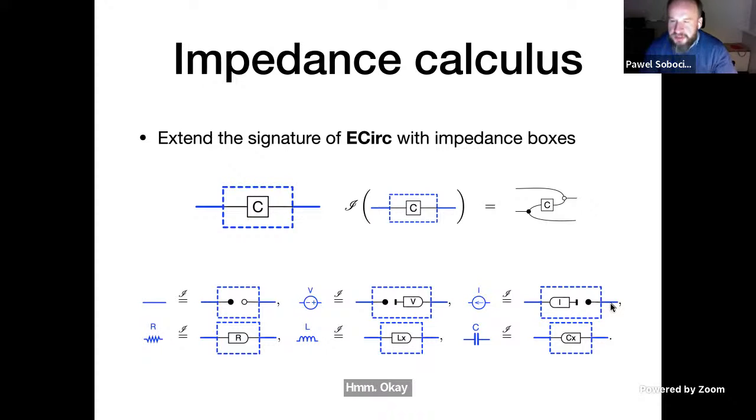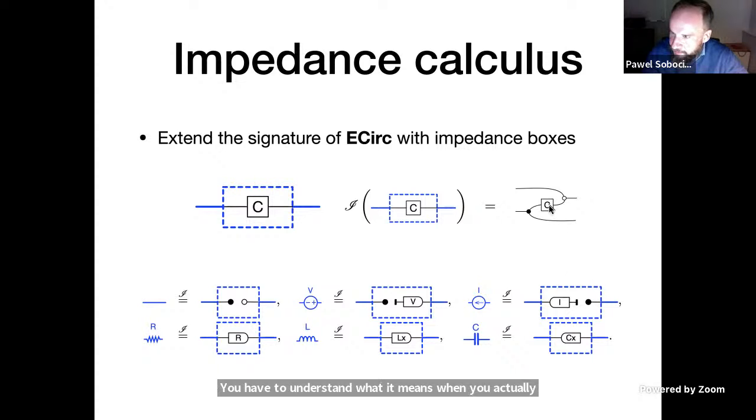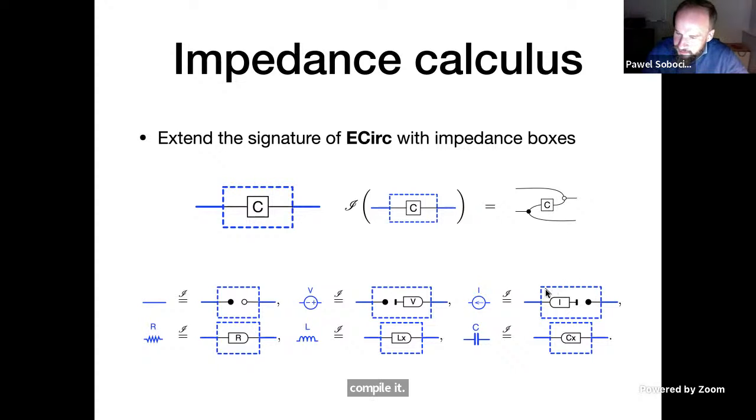It looks by the symbol on the left like... No, sorry. But this is in the impedance box, right? So this is right, but you then have to understand what it means when you actually compile it. But on the previous slide it showed that better, maybe.